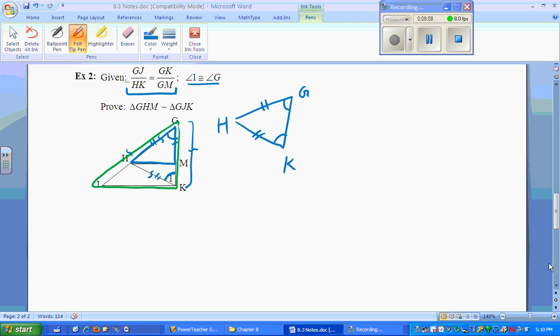So how is our proof going to look? Well, let's start out with angle 1 is congruent to angle G. From there, we could do if angles then sides, and we were able to say HG is congruent to HK.